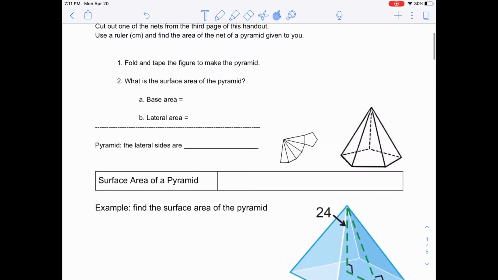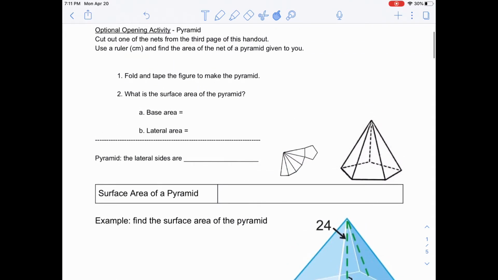So when we look at this first problem, first of all, we're going to talk about what the lateral sides are. Lateral sides of a pyramid are triangles. So notice that you'll have a base, whatever your base is, could be different figures, but for the pyramid, all the sides are triangles when you add them up.